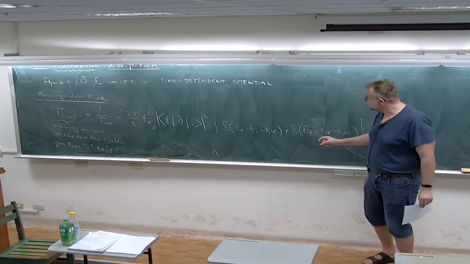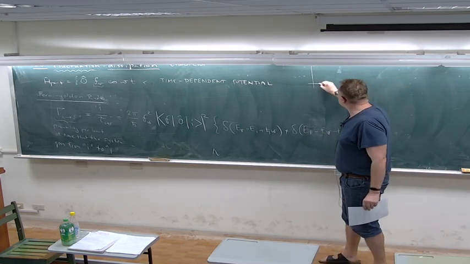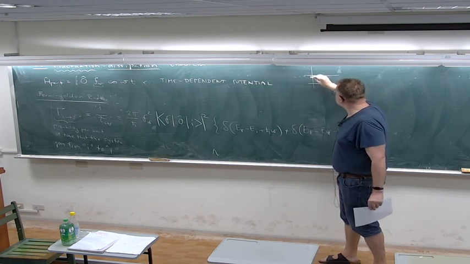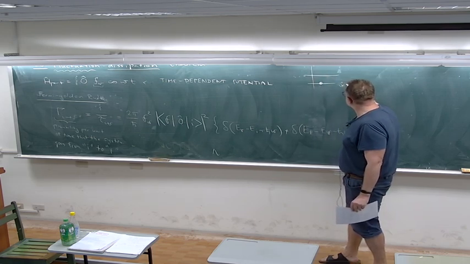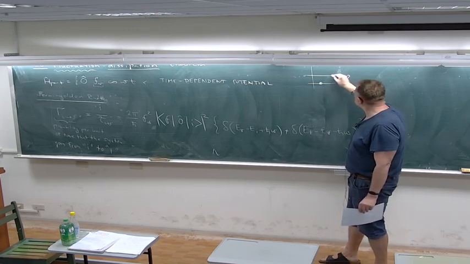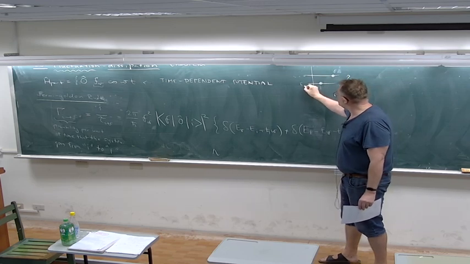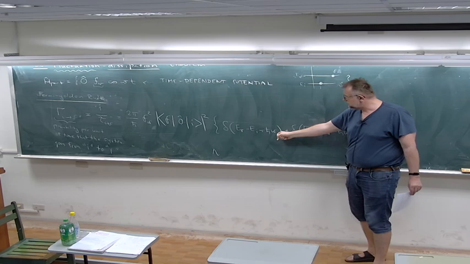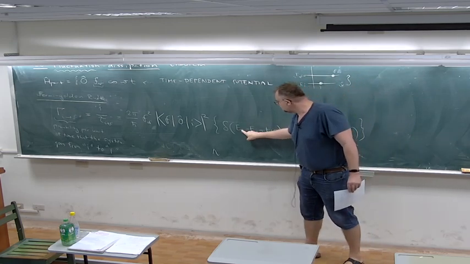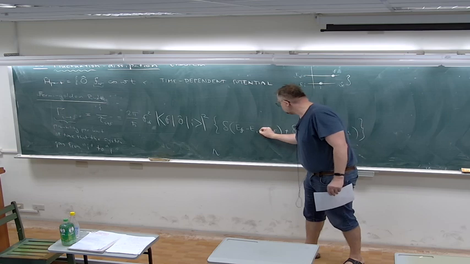What this formula is telling me is that if I have the energy levels in atoms or somewhere, so if this is the initial state, then the initial state can be excited to the final state which has a different energy. So this is the initial state, this is the final state, this is the energy of the initial state, this is the energy of the final state.